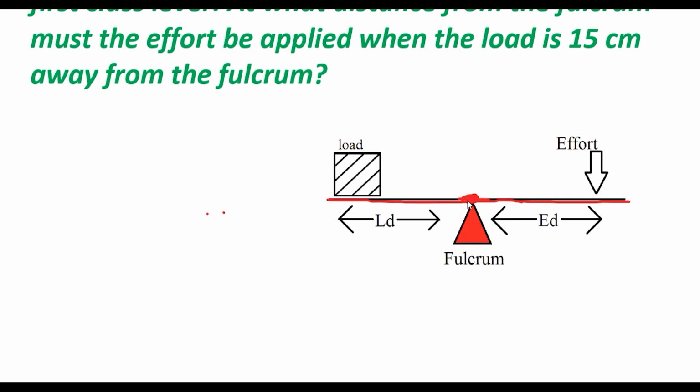So this is called a lever, and a lever has three main parts: load, effort, and fulcrum. These are the three main parts of the lever. Load means the weight of an object, effort means the force applied, and fulcrum is a fixed point. Fulcrum means the fixed point around which the lever moves.